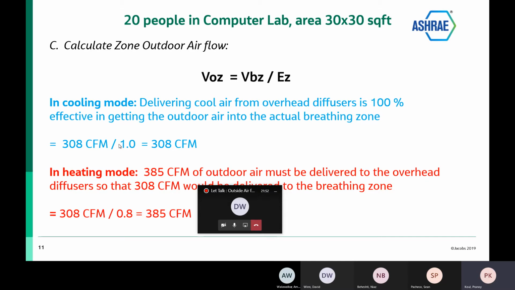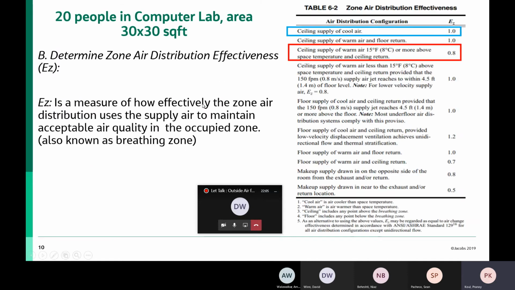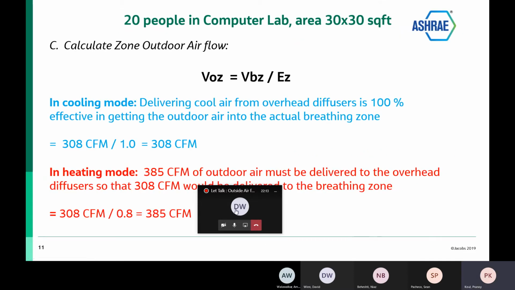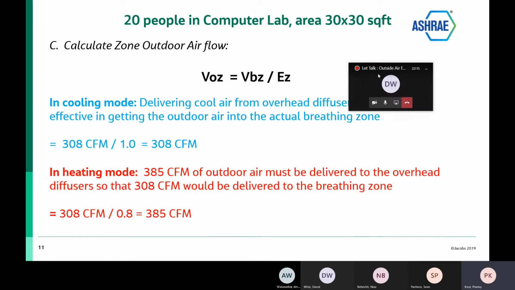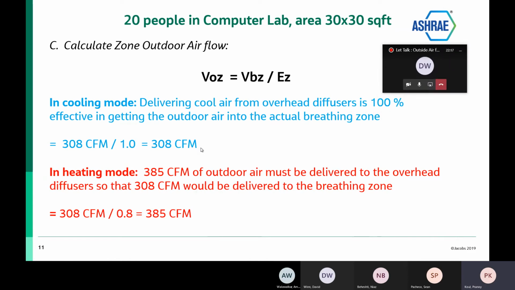When we are talking specifically about cooling mode, when you want to provide cooling to this computer lab, you'll need 308 CFM outdoor air, and you're going to divide that by 1.0. And 1.0, essentially, we got from here, which is your ceiling supply of cool air, which is 1.